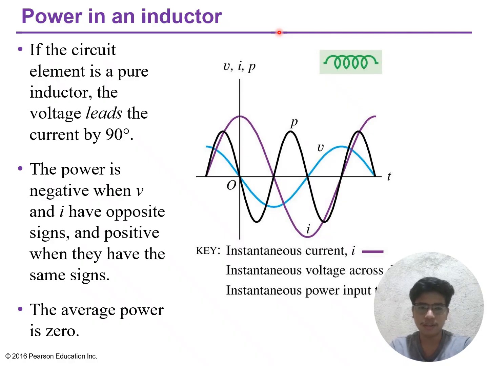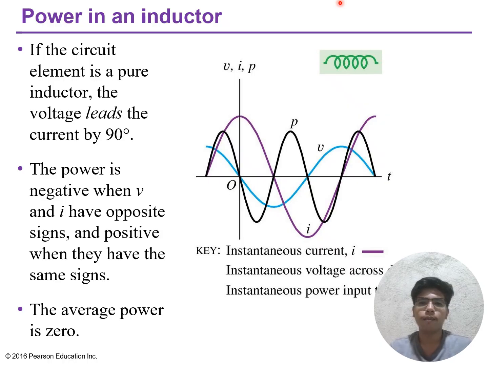Positive power regions show energy flowing from the source to the inductor. The power waveform oscillates at twice the AC frequency with equal positive and negative areas, resulting in average power P average equal to zero.